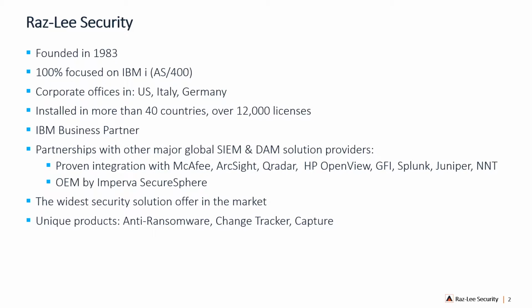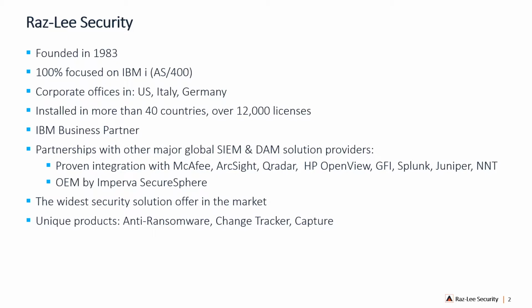We are naturally IBM partners, and we also partner with many other companies. I'll mention those with which we are partnering and collaborating in the technical aspect. I'll mention McAfee and ArcSight and the IBM QRadar. These are products, some of them, but the company stands behind them.